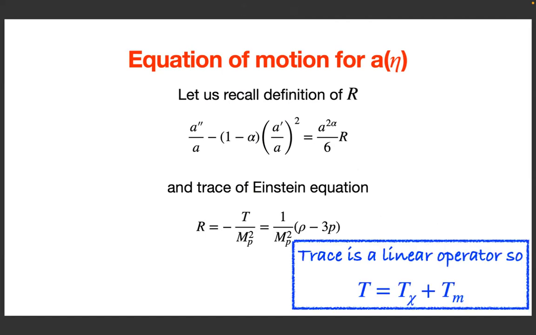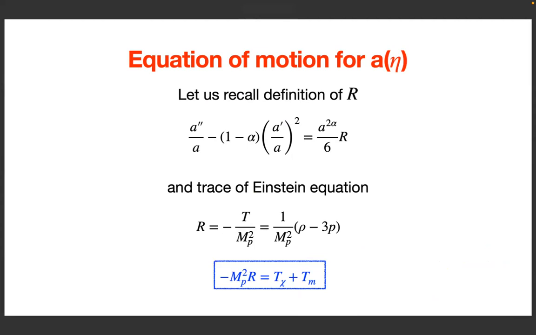Because the trace is a linear operator, this also allows us to split the trace of the energy-momentum tensor into the non-minimally coupled field part and the other matter that could be present, the other matter sector.